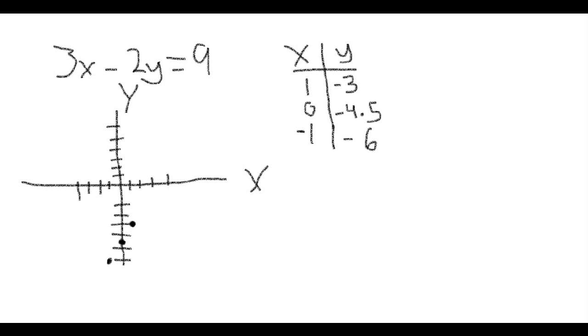Our next is x negative 1 and y negative 6, which is down about here. So the line, if we were to draw it, goes this way. Alright.